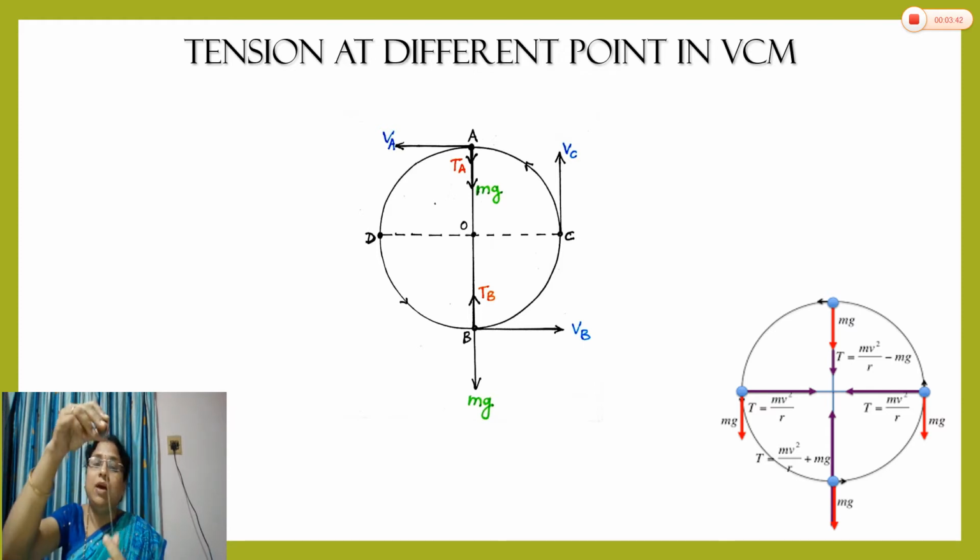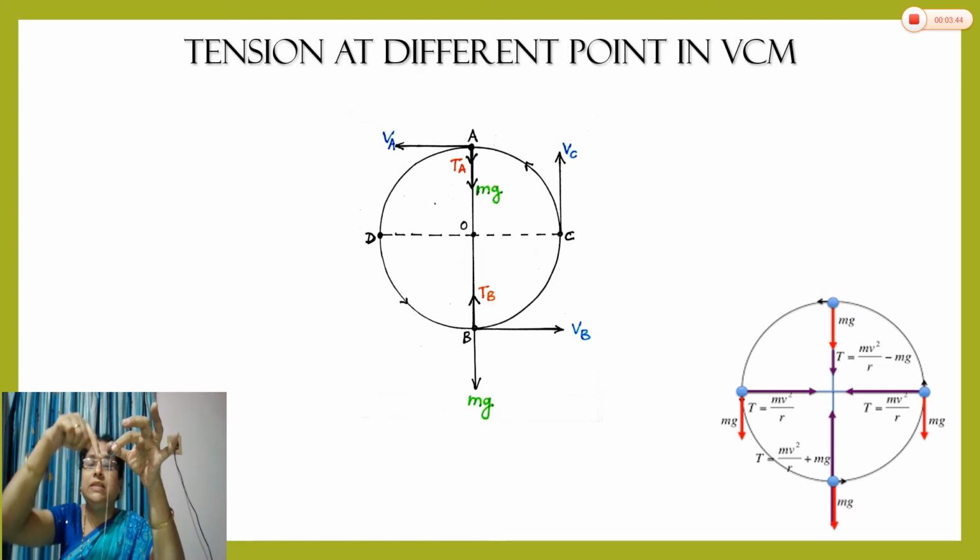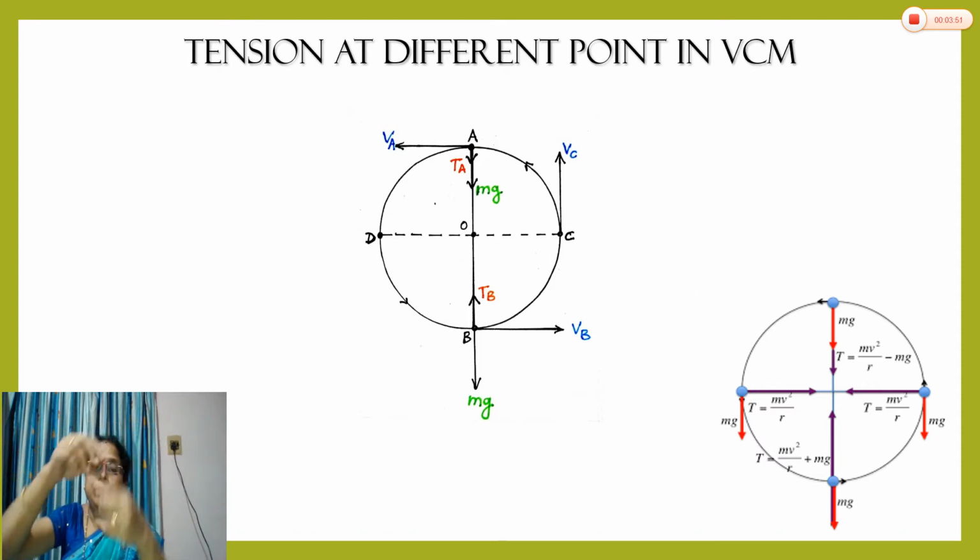When the object is at the uppermost position, the tension is also directed along the string and along the radius towards the center. There is always tension in the string, because the string can only pull and cannot push. That's why there is tension at every position, with the same direction along the radius towards the center.